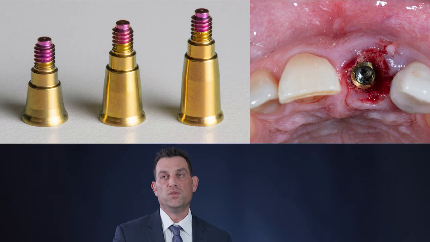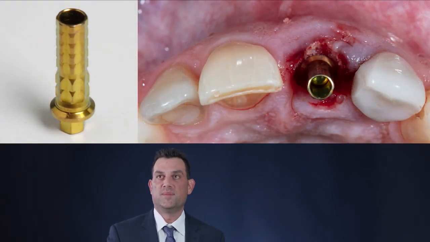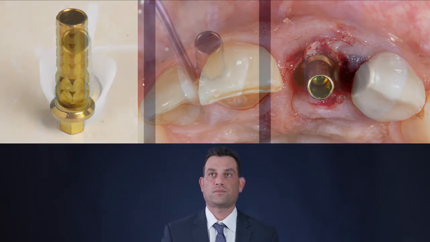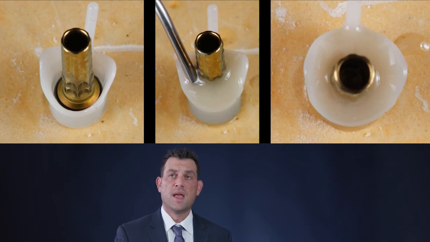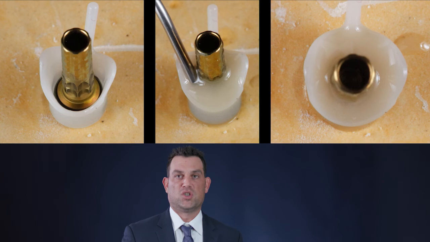In this case, we used a connect abutment, and then we used a titanium cylinder that gets inserted directly into that implant. Using composite or acrylic, I like to use a shell if possible to help to create that emergence profile.